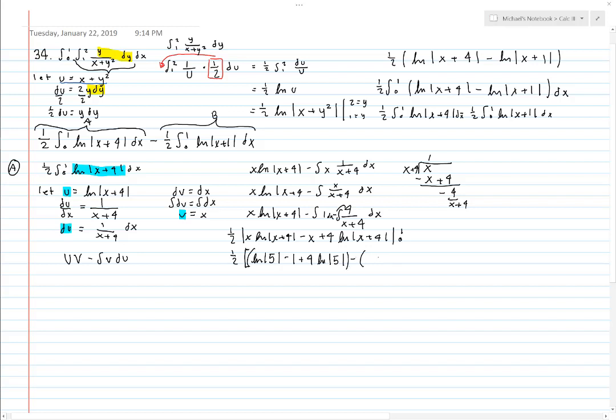The next part, we'll notice that when you put in 0 to the x, it's just going to cancel out, and then for the negative x, it'll be 0 as well. But when we put it into the 4 ln of x plus 4, it's going to be 4 ln of 4, like that.